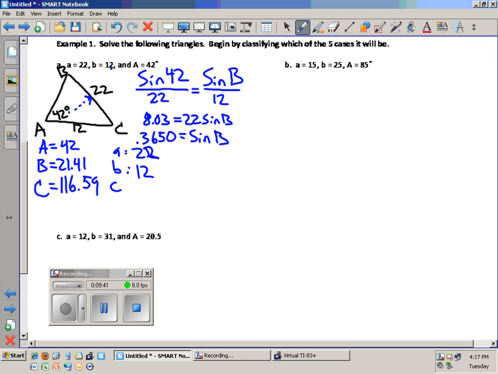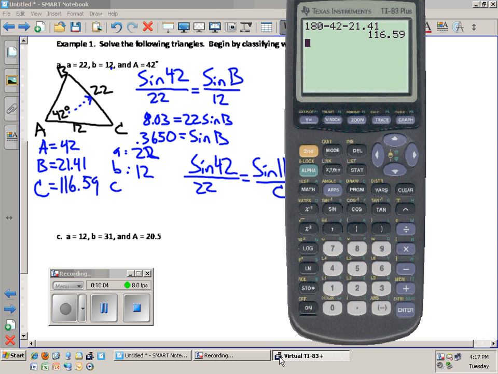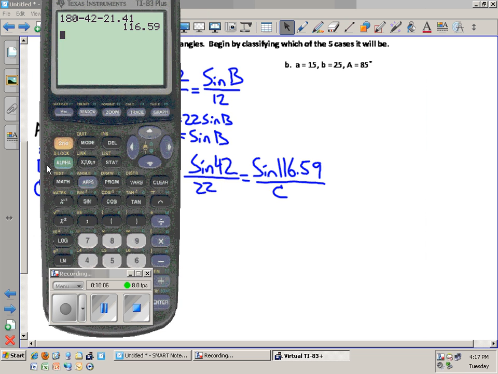So I set up the law of sines. Sine of 42 over 22 equals the sine of 116.59 divided by side C, which we're trying to solve for. Using what we've done the past few days, we cross multiply, divide, and solve.